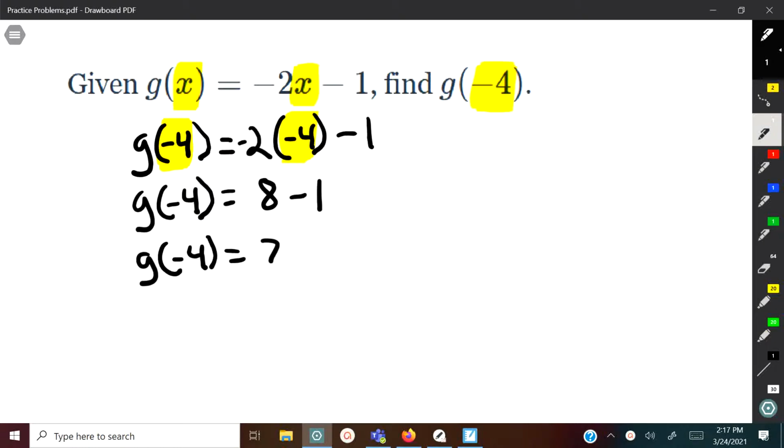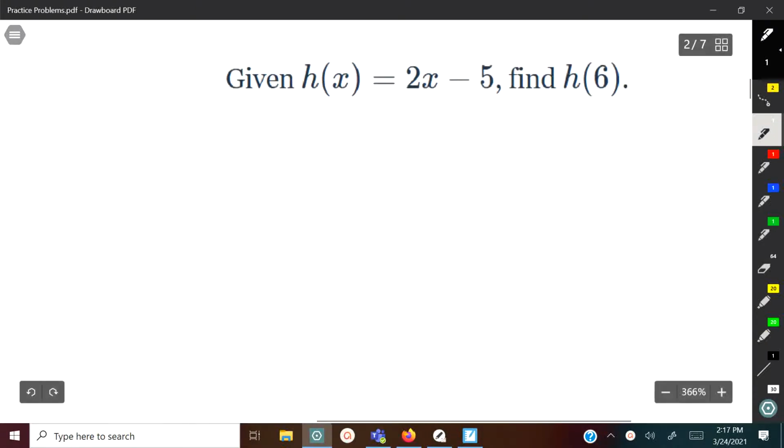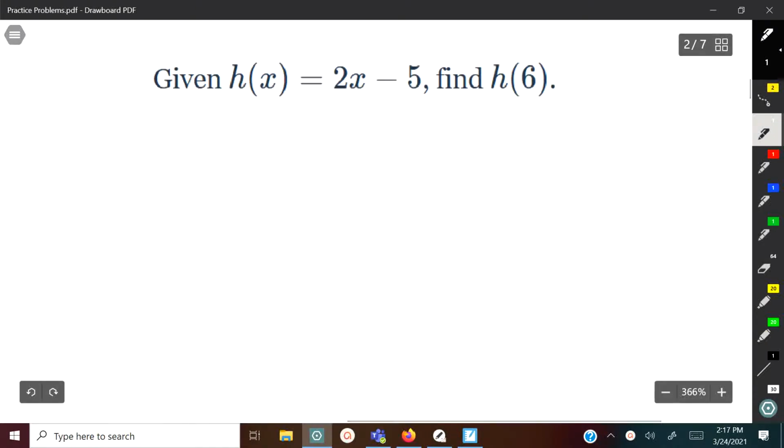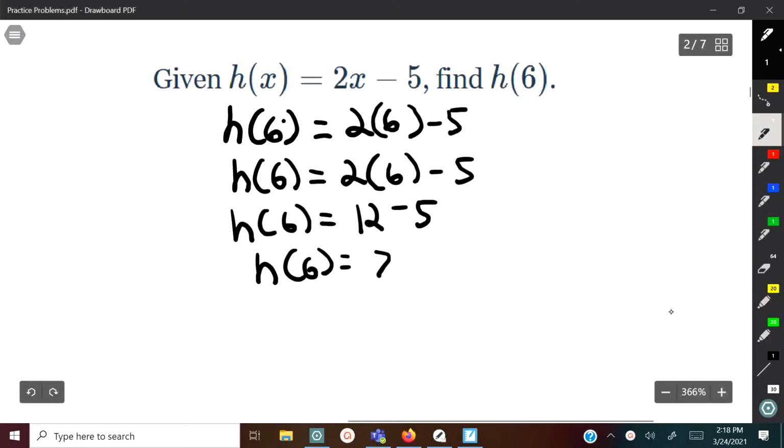Now I'm going to show you this problem, and you can pause the video here and see if you can find h of x when x is 6. Alright, so you should get h of 6 is equal to 7.